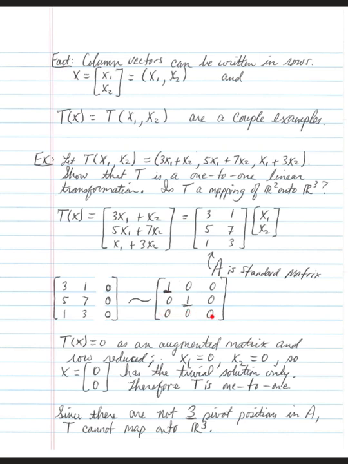Now, because there's a 3rd row but it doesn't have a pivot, since there are not 3 pivot positions in matrix A, T cannot map onto R3. And another way to think of that too is if you just take all vectors of 2 entries, there's no way you're going to cover all vectors of 3 dimensions or 3 entries.